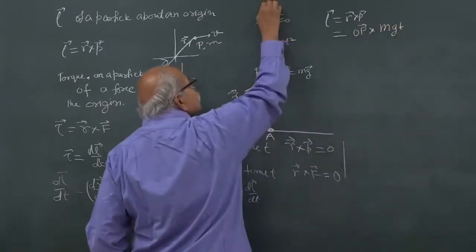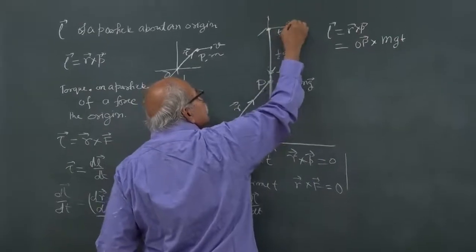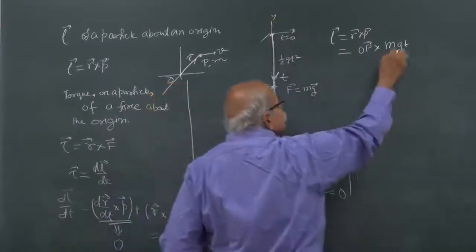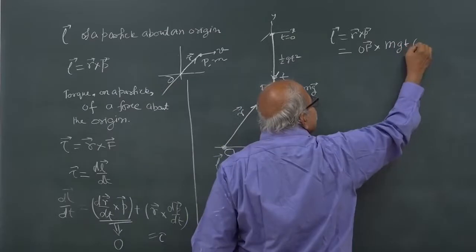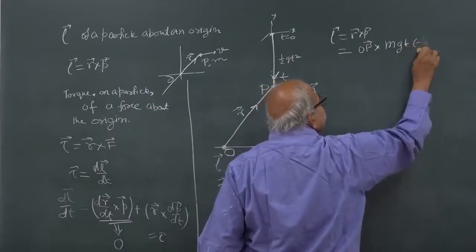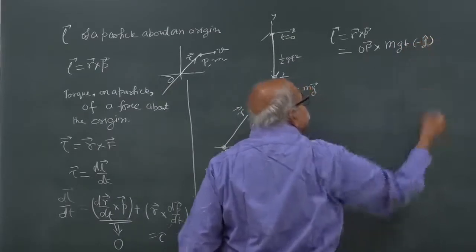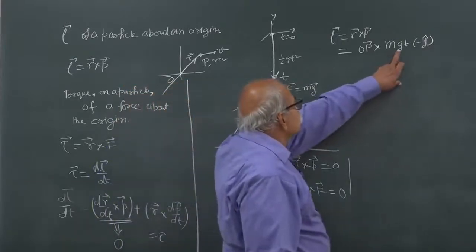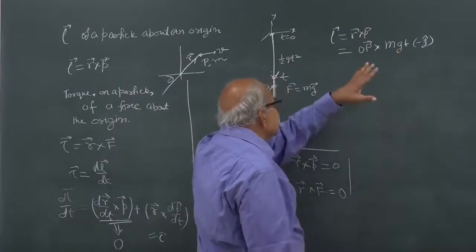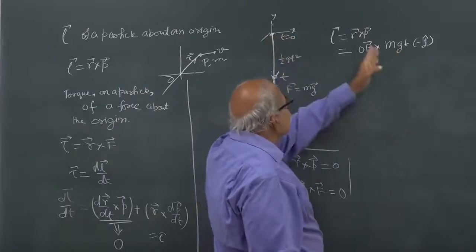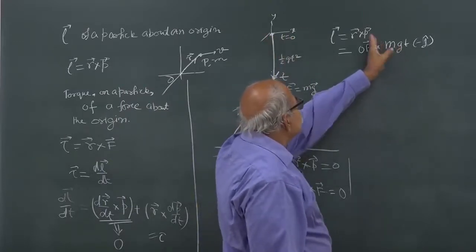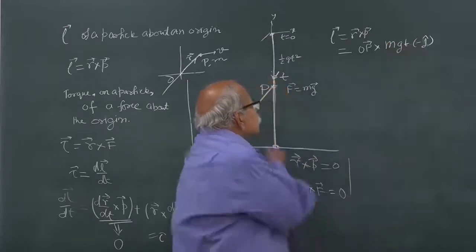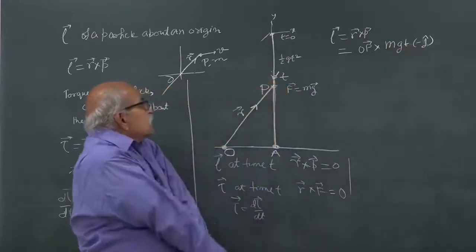If I call this the x axis, this the y axis, then the velocity is gt in the minus j cap direction. Velocity is g into t, v equal to u plus gt, u is 0 and therefore, it is mgt, mass times velocity, and the direction of the velocity is in the minus j cap direction.